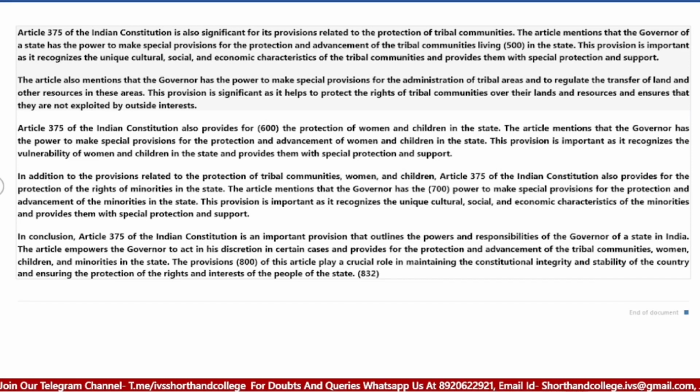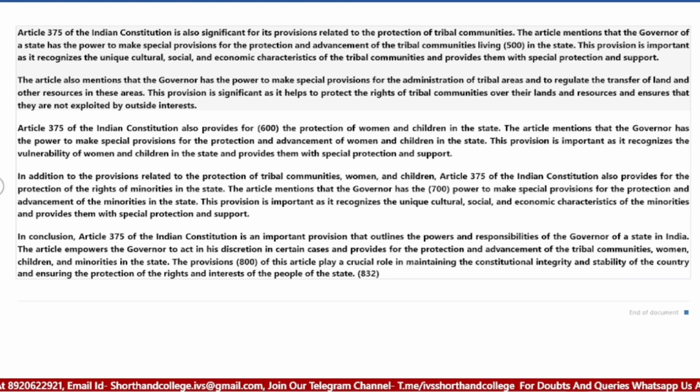In addition to the provisions related to the protection of tribal communities, women, and children, Article 375 of the Indian Constitution also provides for the protection of the rights of minorities in the state.